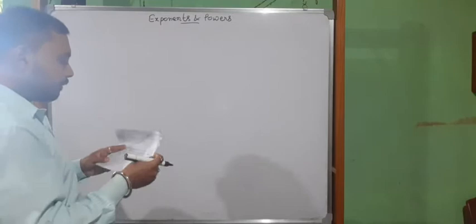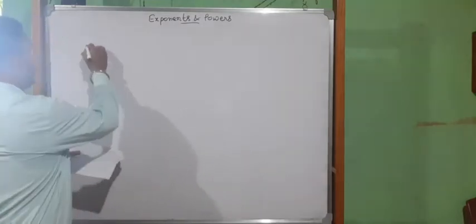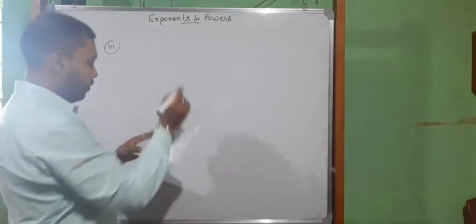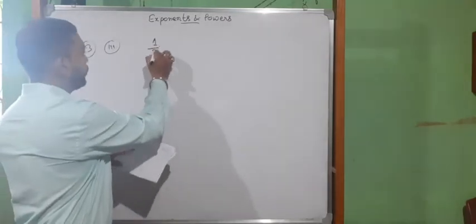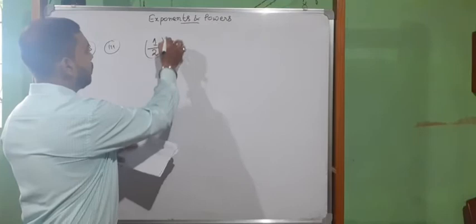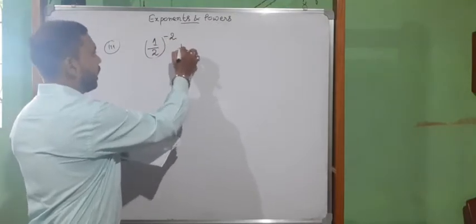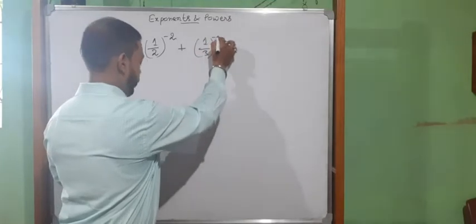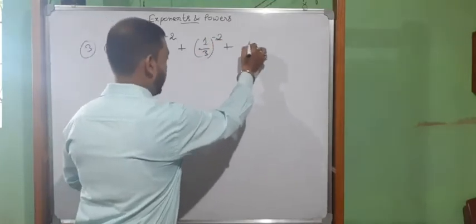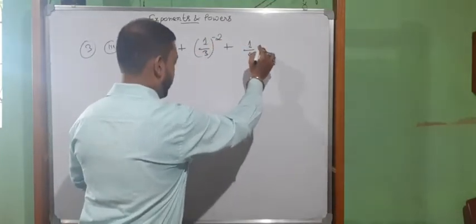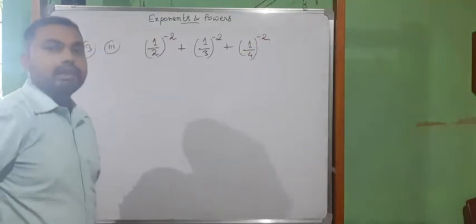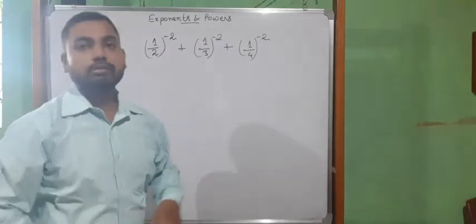So question number 3, find the value. So the question is 1 by 2 raised to the power minus 2 plus 1 by 3 raised to the power minus 2 plus again 1 by 4 raised to the power minus 2. Okay. So you can see these exponents are in negative form.